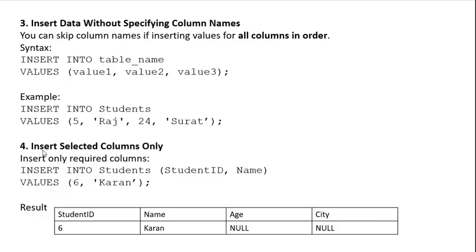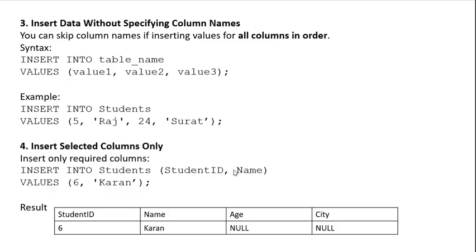And fourth is inserting into selected columns only, inserting only the required columns. So INSERT INTO the table student, and inside the brackets two columns, student_id and name.